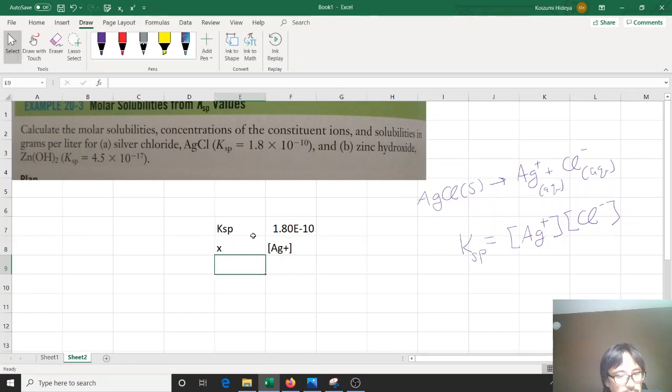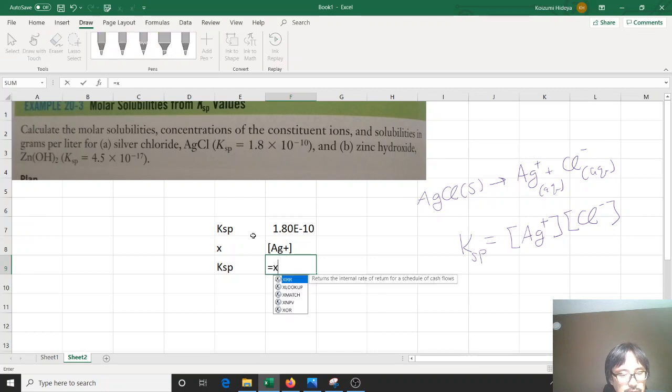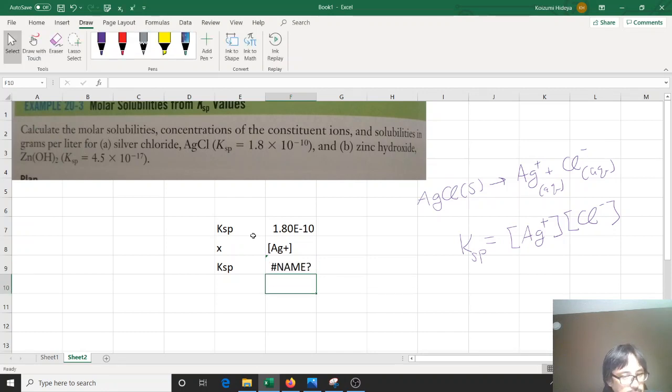Then Ksp is equal to X squared, right? So what is X?